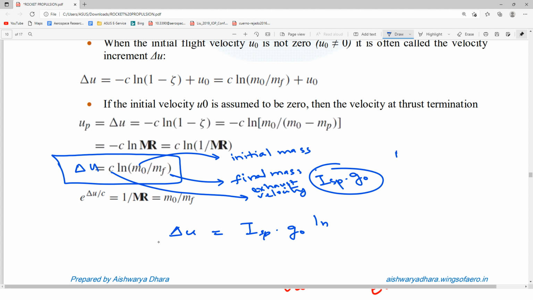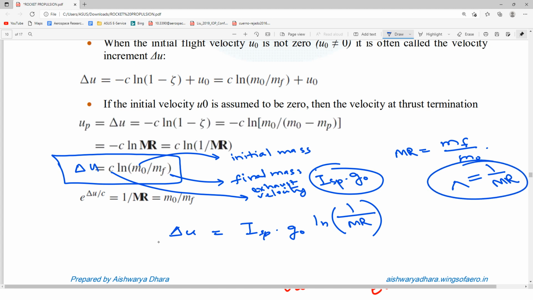Now we know mr means mf by m naught, the final mass by the initial mass. Here we have m naught by mf, so we can also write 1 by MR. Some textbooks define MR in terms of capital lambda, and some other textbooks represent 1 by MR as lambda.